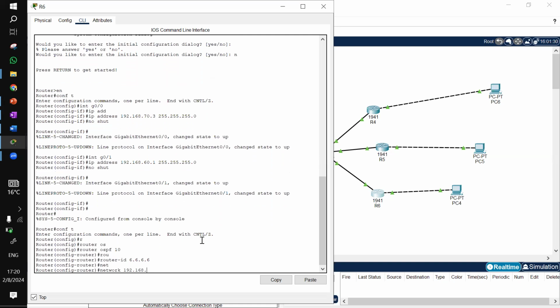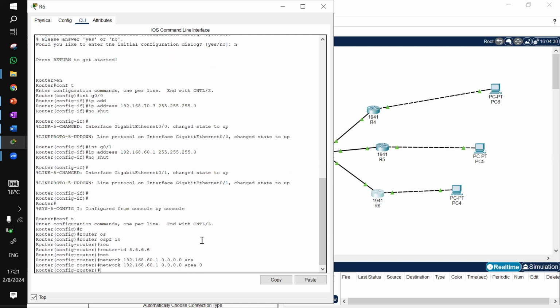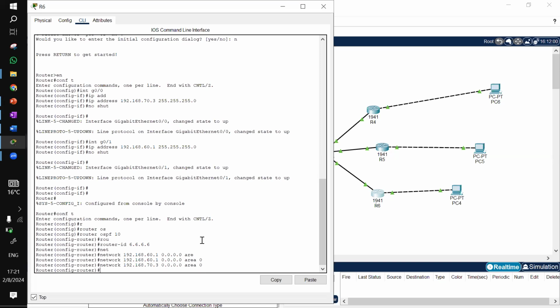That is router number 6, so it should be 60.1, 0.0.0, area 0. The other one is 70.3. That interface is 70.3. Right. So my networks are configured.